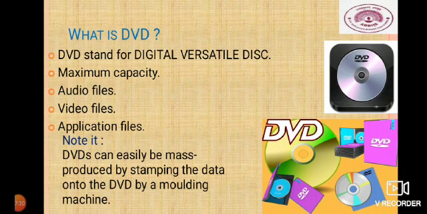This is because, unlike a CD which has a single readable surface, a DVD offers both of its surfaces to store data, hence provides higher storage capacity than a CD.